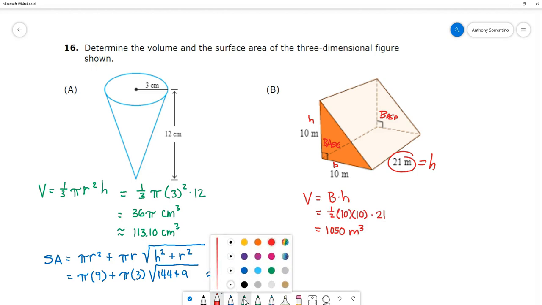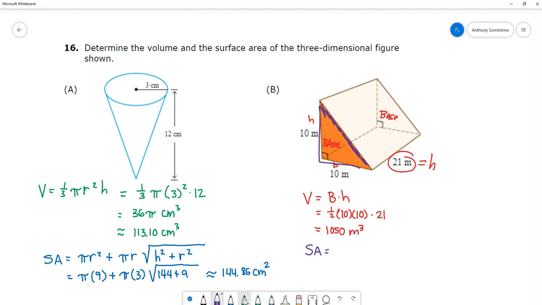As far as the surface area goes, basically it's the area of each base plus the area of each face. So I need to figure out what this length is right here. It's not given to us, but we can see it is part of a right triangle.